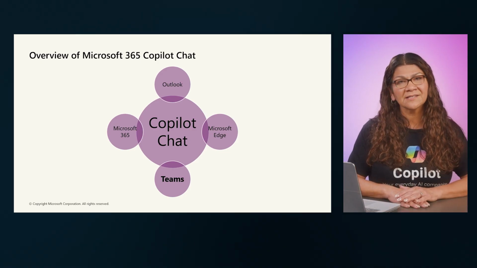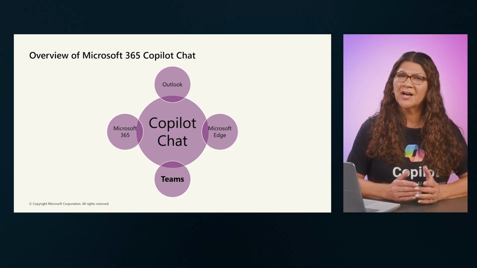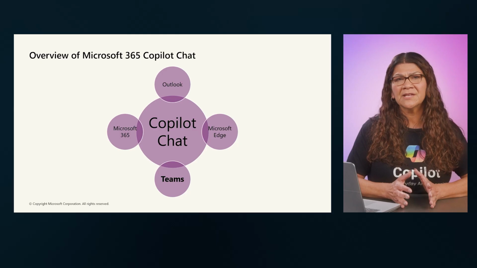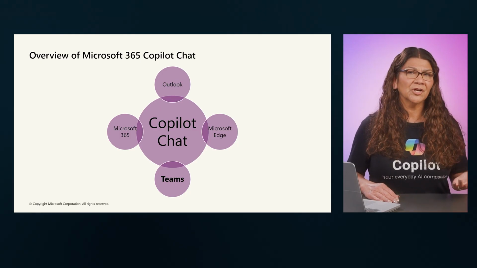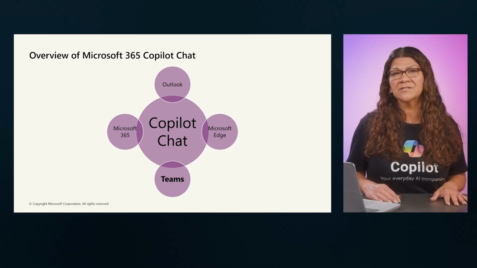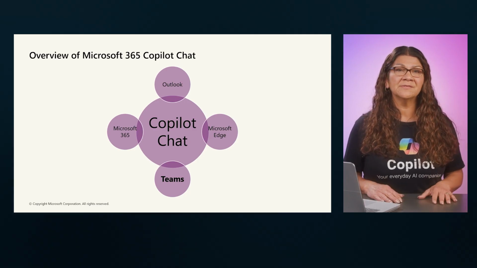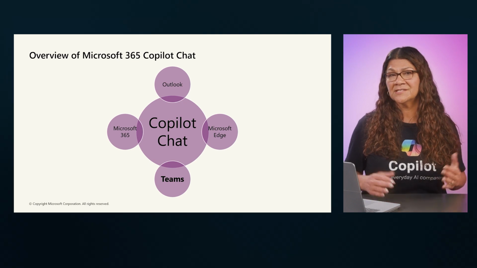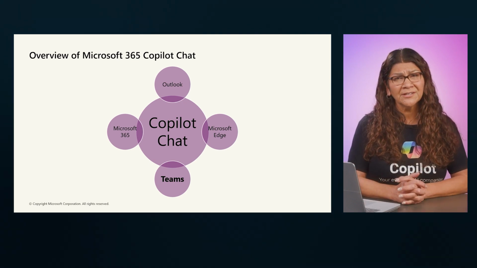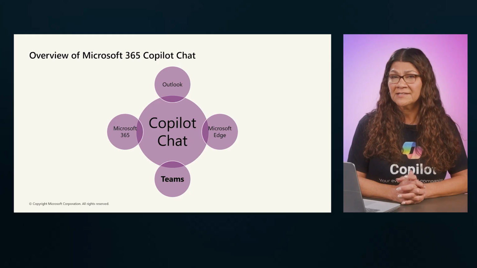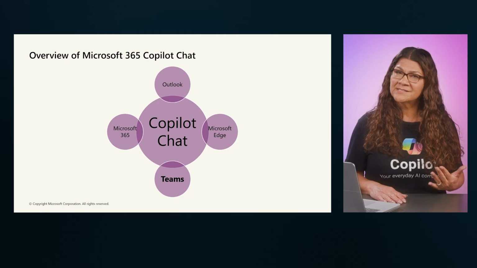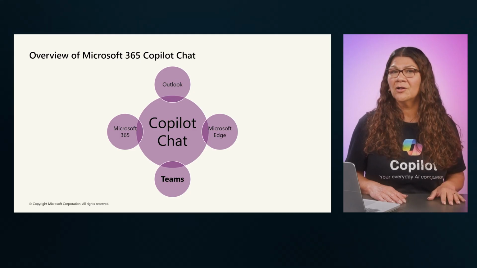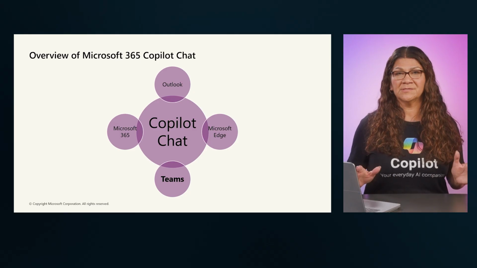This means you can ask Copilot to summarize email threads in Outlook, draft content in Word, surface meeting insights from Teams, or research topics in Edge. Copilot Chat can also be used from the Teams interface, where it becomes a powerful productivity-boosting sidekick. From here, you can pull insights from chats, generate summaries, brainstorm ideas, automate steps, or retrieve files, all through natural language prompts.